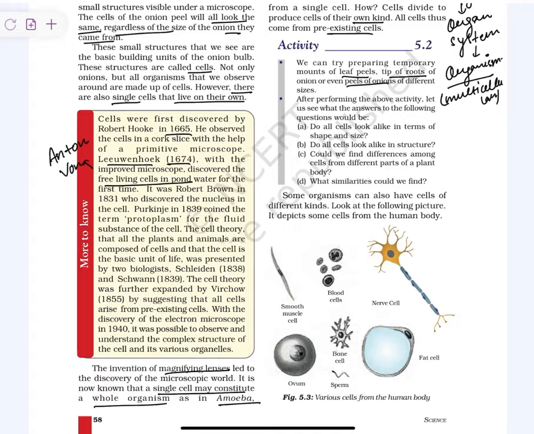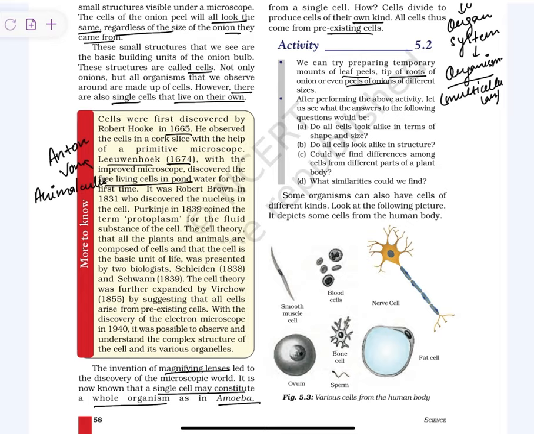He saw very tiny structures in the pond water and gave them the term animalcules. Why? Because those structures seemed like tiny organisms to him because of their appearance and movement.